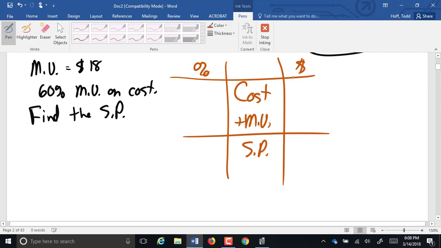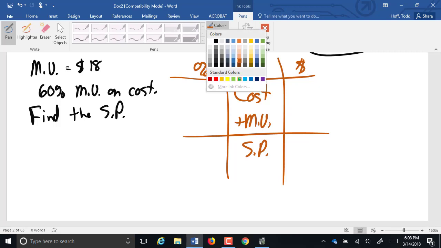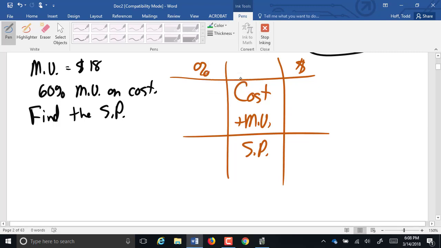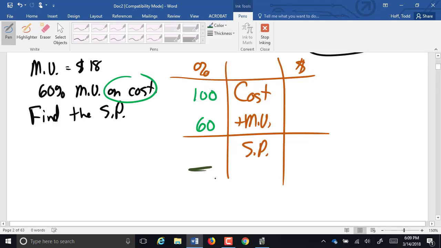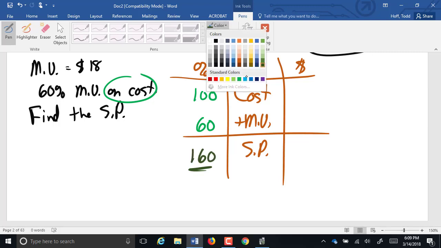So if we're looking at our table, we've got cost plus markup equals selling price. We'll put the percents on one side, dollars on the other. What do we know on the percent side? 60% markup. Also, we know that the 100 goes where? On the cost, which means we can very quickly find the selling price to be 160.